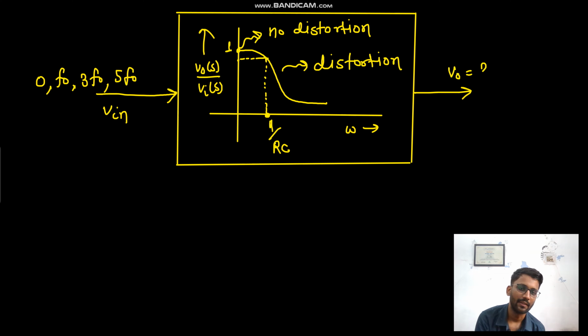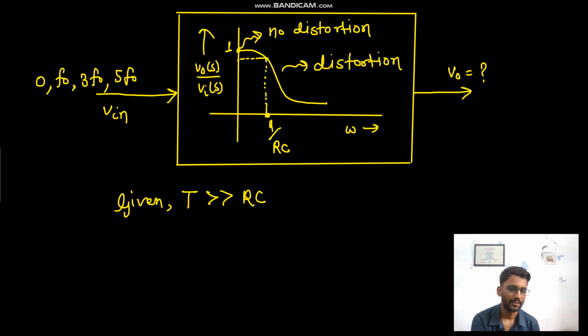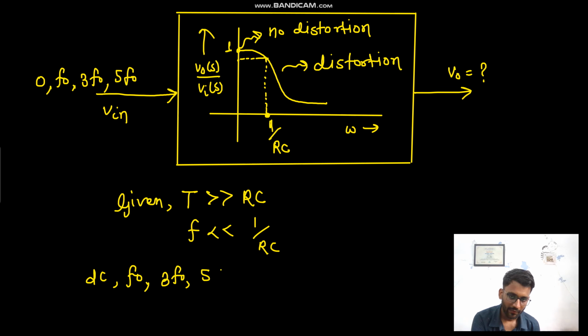What is given is that T is very much greater than RC. So now f will be very much lesser than 1 by RC. All the components DC, f0, 3f0, 5f0 are input, and this is the RC circuit. This RC is from the RC circuit, and this is the input time period.